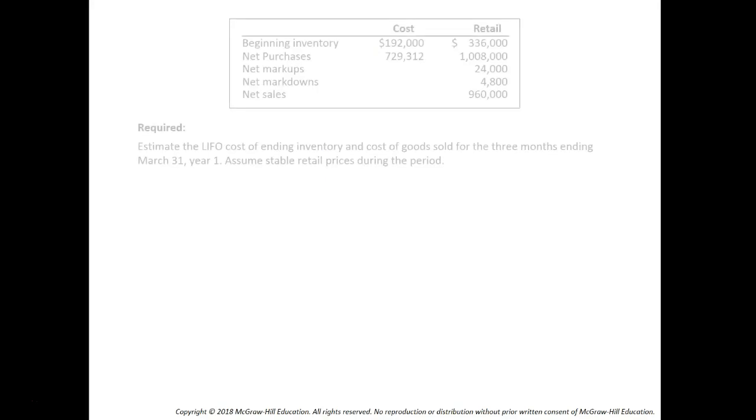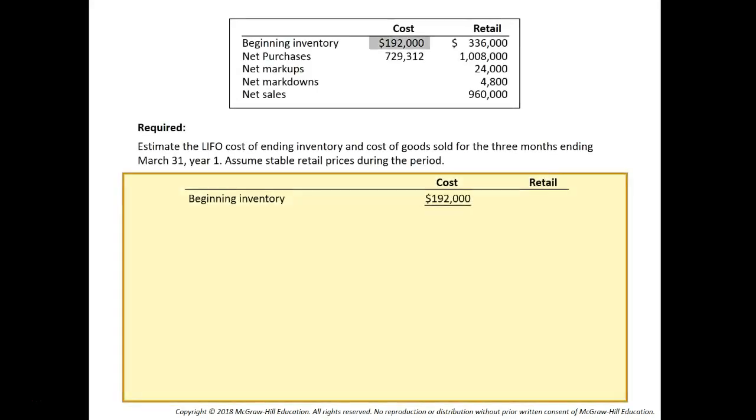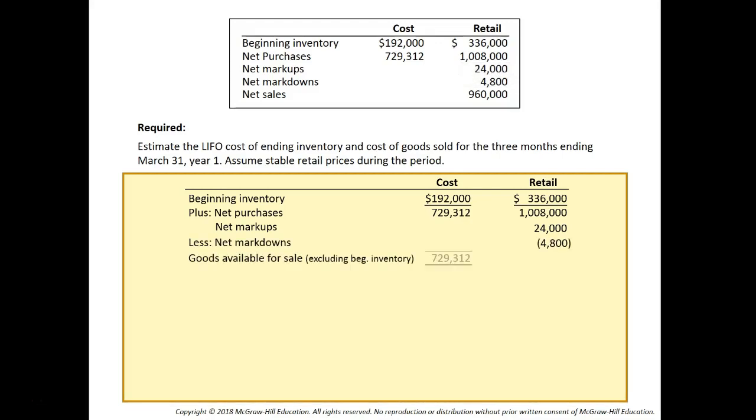So our beginning inventory, cost and retail, along with our purchases, we add the markups, we subtract the markdowns, and then we show the goods available for sale, excluding our beginning inventory of $1,027,200 retail, and then cost of goods available at cost $729,312.